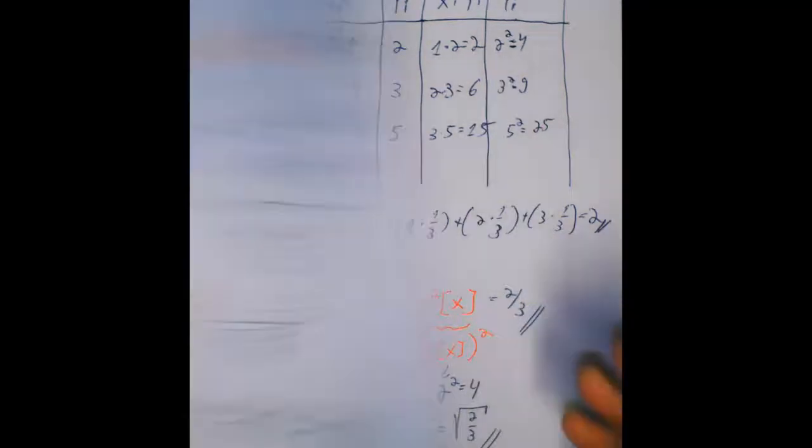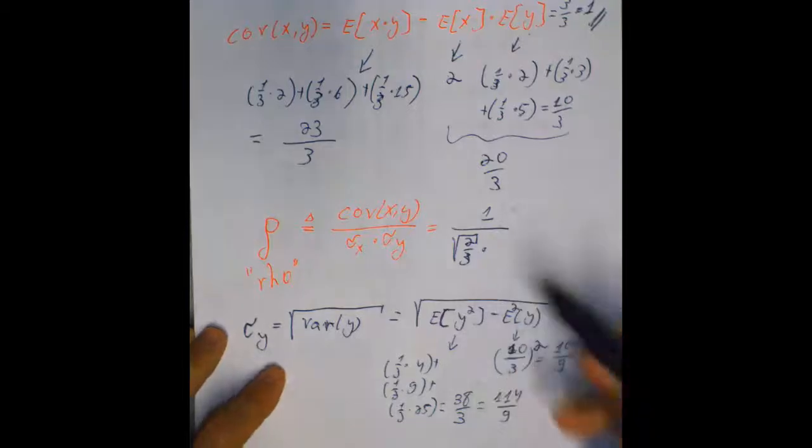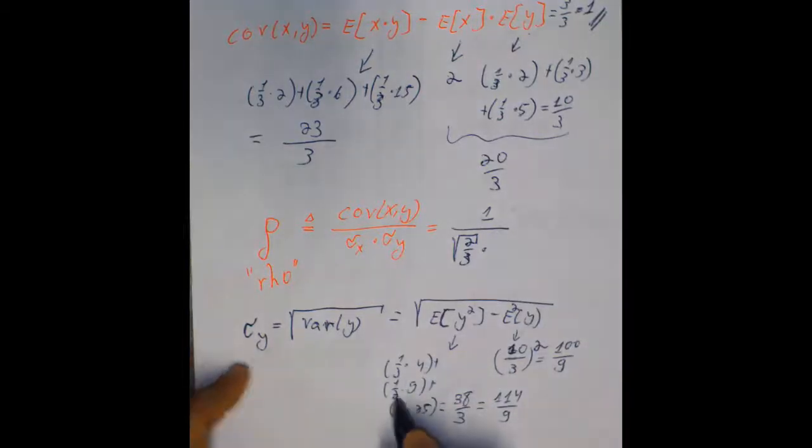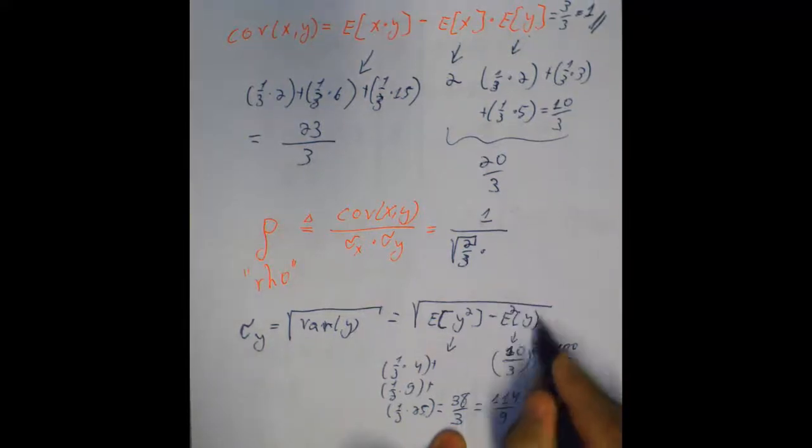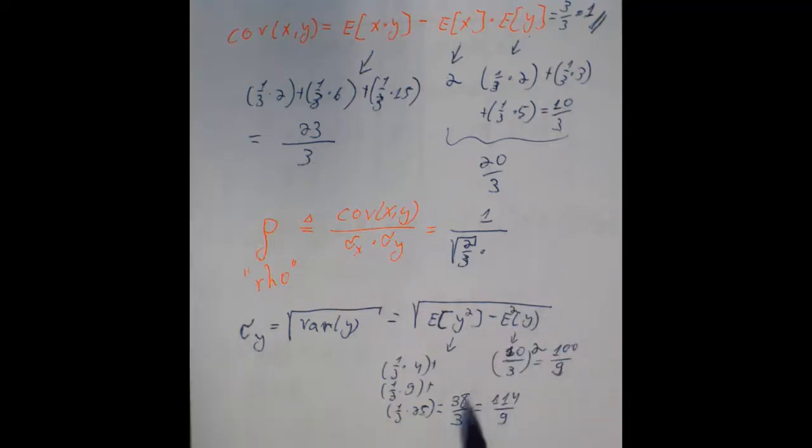All right? So expected value of y squared will be 1/3 times 4 plus 1/3 times 9 plus 1/3 times 25. Let's take the 1/3 outside of the brackets. You're left inside with 4 plus 9 plus 25, 13 plus 25, 38. 38 divided by 3. Just to put it at the same common denominator as 9, as this section, let's multiply both numerator and denominator by 3.